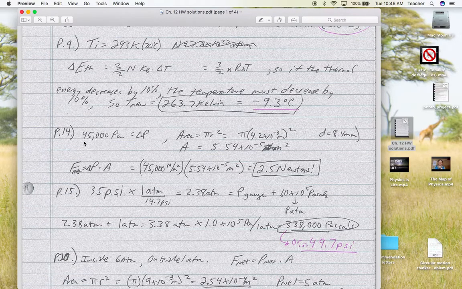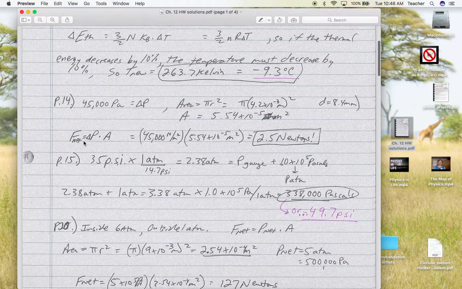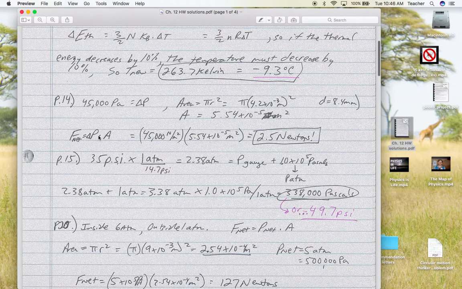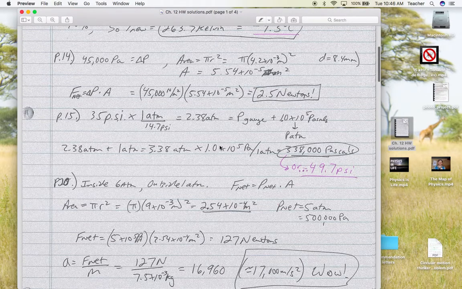So for problem 14, this is actually a rearrangement of pressure equals force over area. And so the net force on the eardrum is 2.5 newtons because we have the pressure which was given, and I can get the area of the eardrum. Problem 15 was a lot of English units.